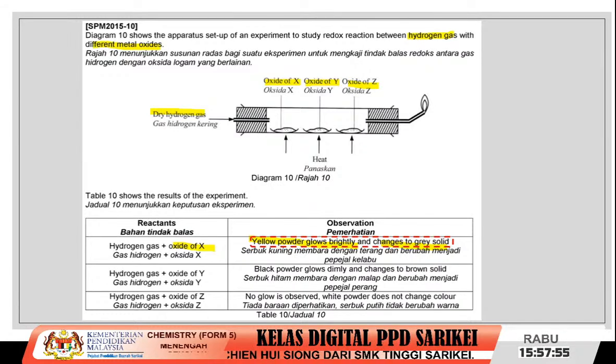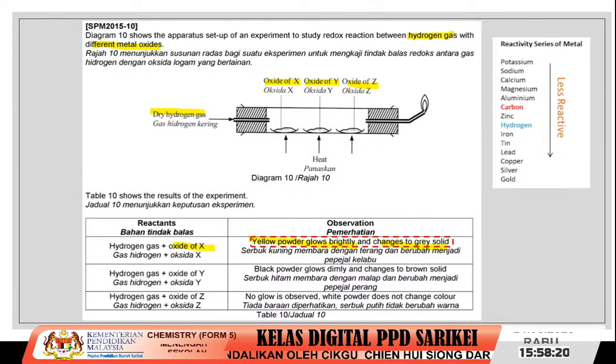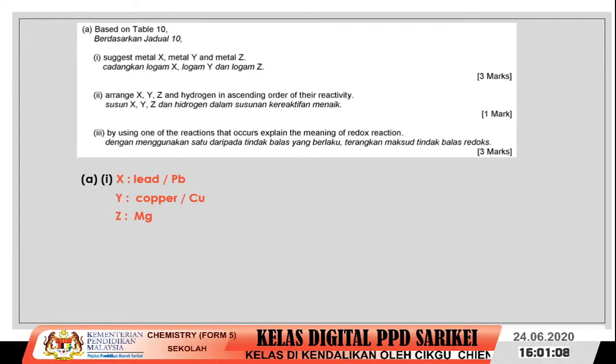It also means hydrogen is more reactive than metal X. If we arrange metal X and hydrogen in the reactivity series, the position of hydrogen should be above or higher than metal X. Then we move on to this reactivity series. So hydrogen is placed in the middle of the reactivity series, and then metal Z is magnesium.